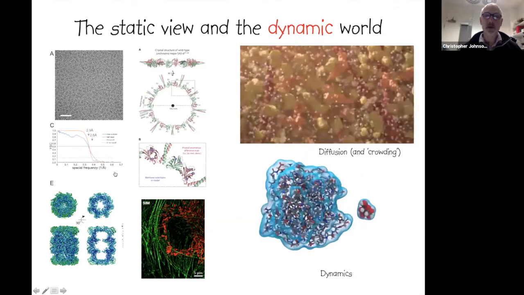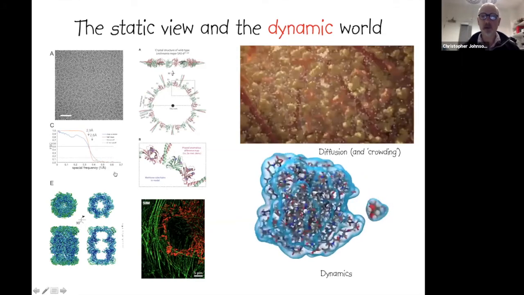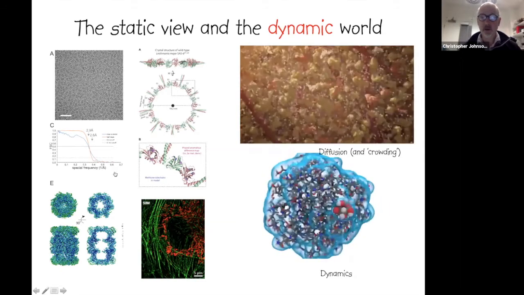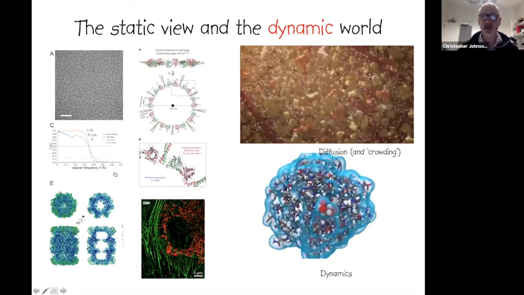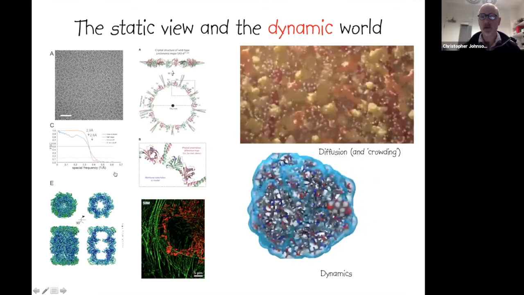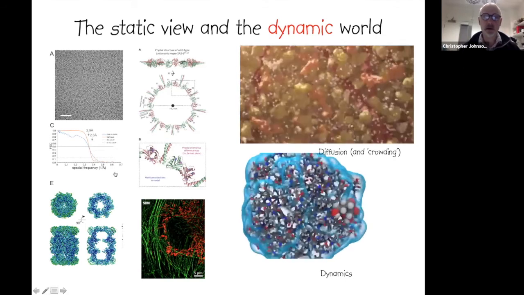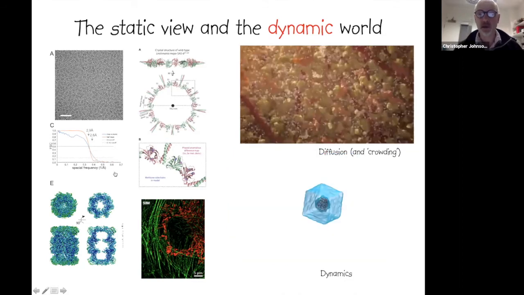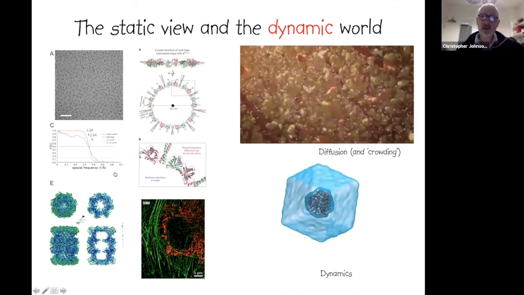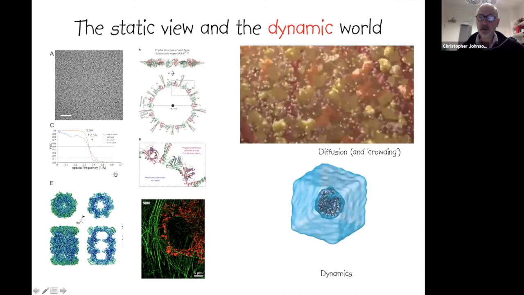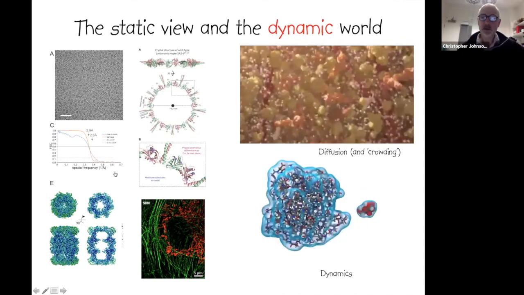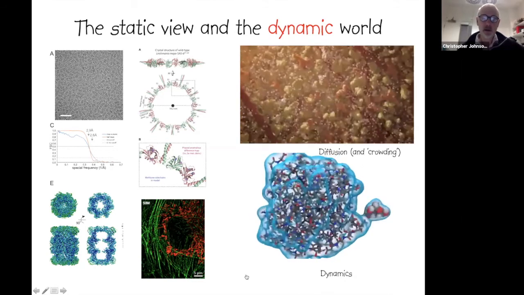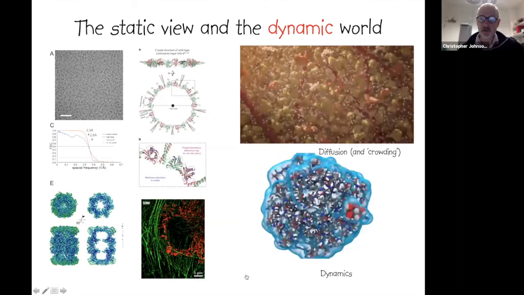But we all know that in the real world, we have a lot of dynamics going on. So within the cell, we've got molecules diffusing by Brownian motion within the cell, or they may be diffusing under energetic or mechanistic methods being transported. We also have huge elements of molecular crowding that we shouldn't forget. And then when we come down to individual molecules, they're undergoing dynamics on a huge range of timescales.